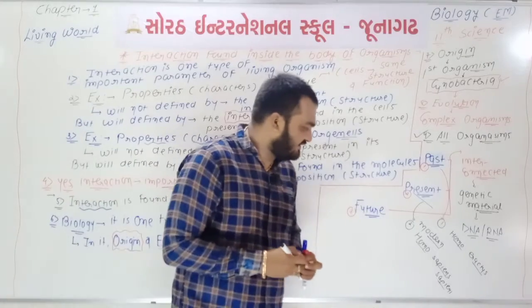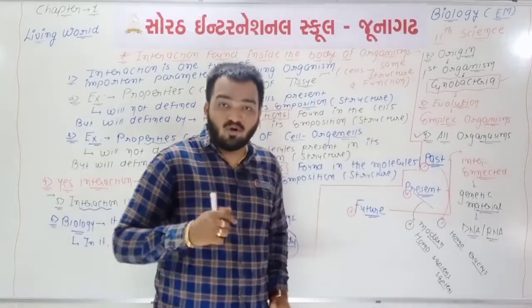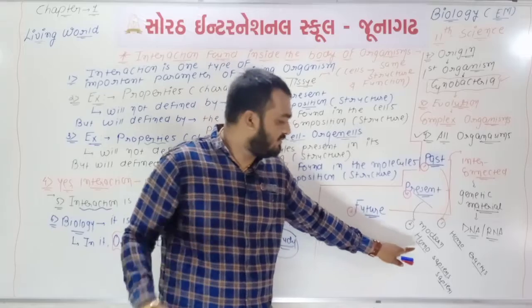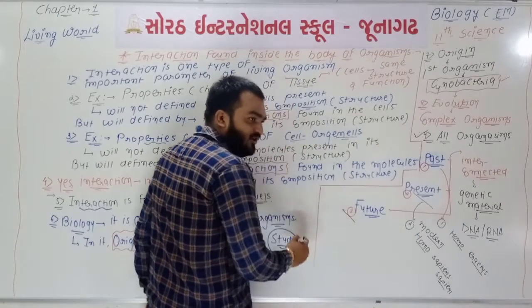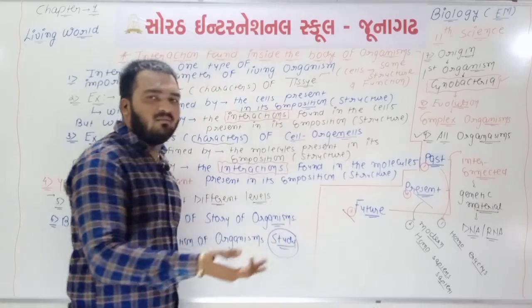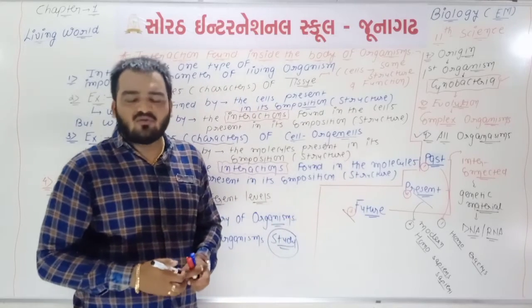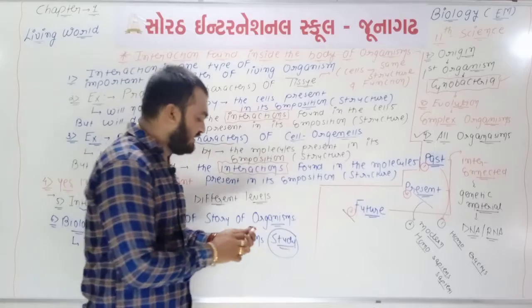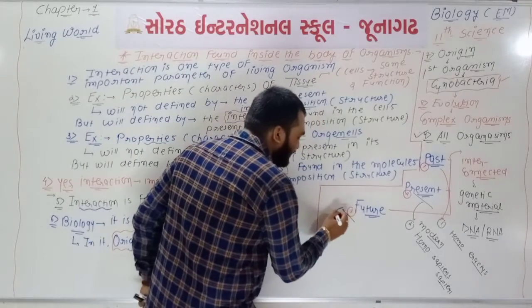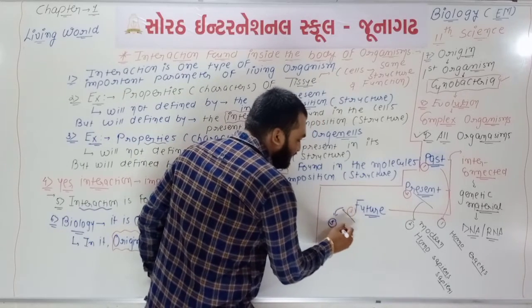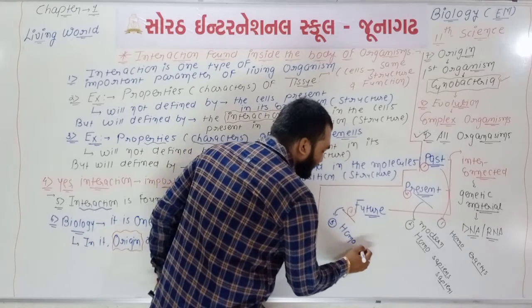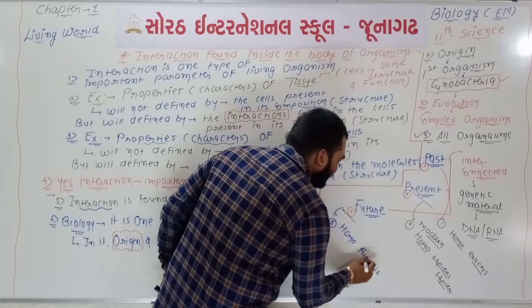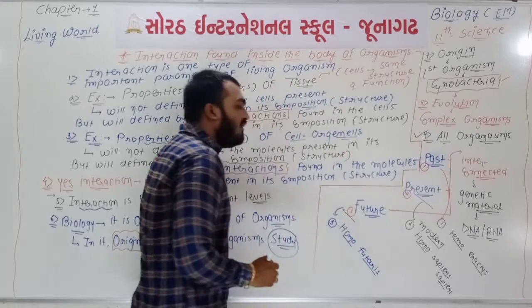The scientific name of us is Homo sapiens sapiens. And in the future, after 500 or 5000 years, there will also be humans. The scientific name of the human found in the future will be Homo futuris. It will be the scientific name of the human found in the future.